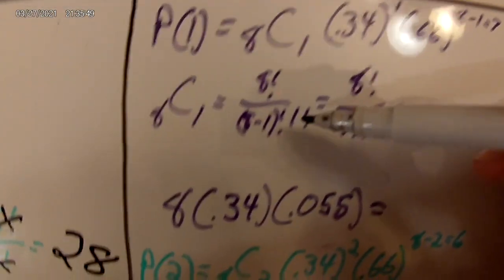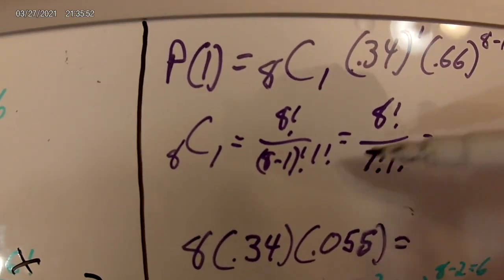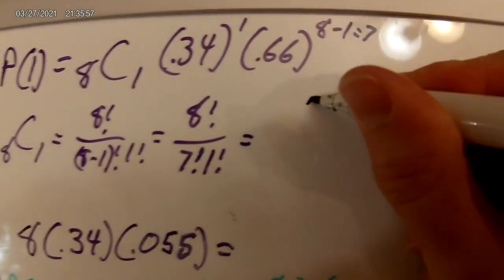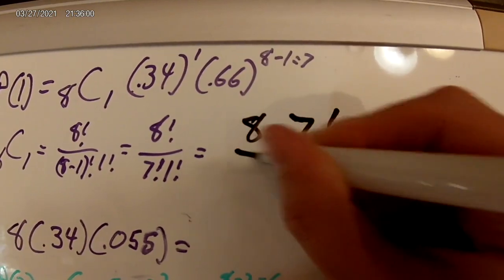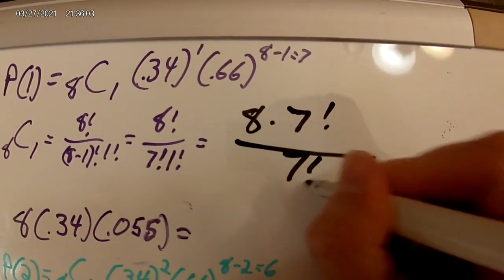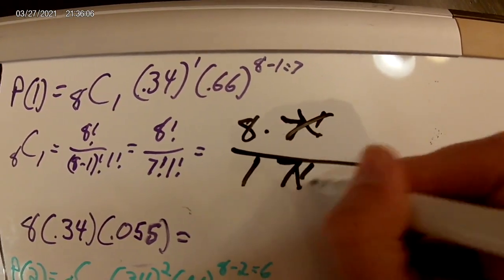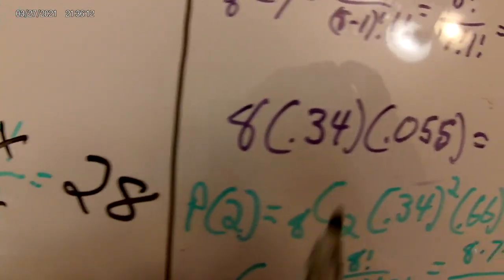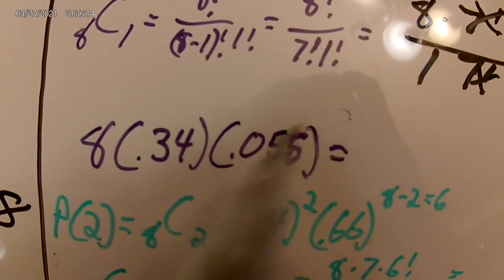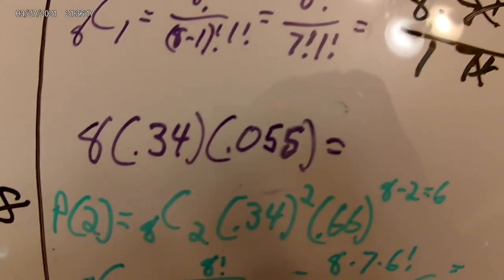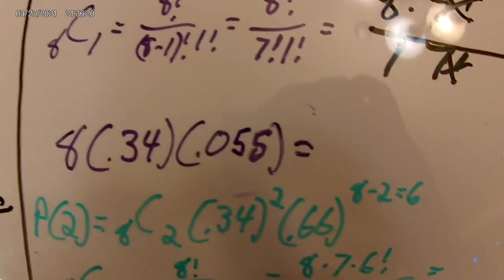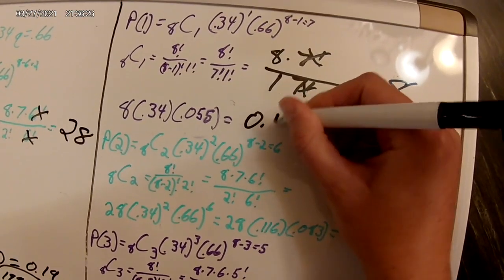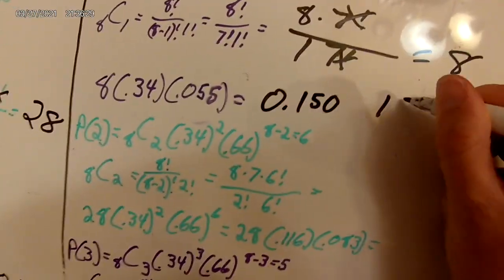We take 8 factorial over 8 minus 1 factorial times 1 factorial, so 8 factorial over 7 factorial, that's 8 times 7 factorial over 7 factorial, and these cancel, so this ends up just being 8. Then we have 8 times 0.34 to the first times 0.66 to the 7th, which was 0.055, and once you multiply these three, you get 0.150. So it's 15%.